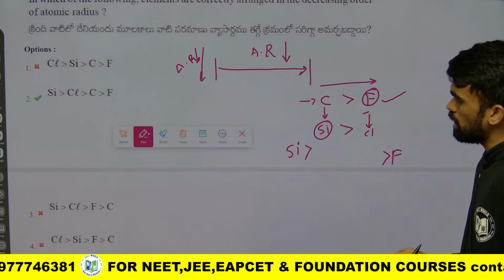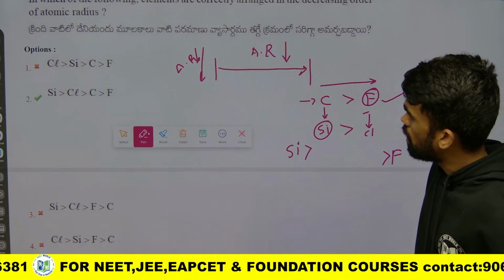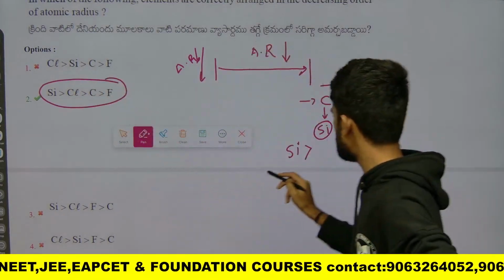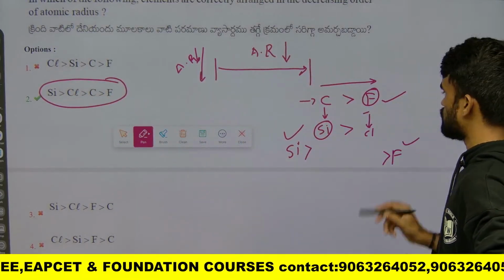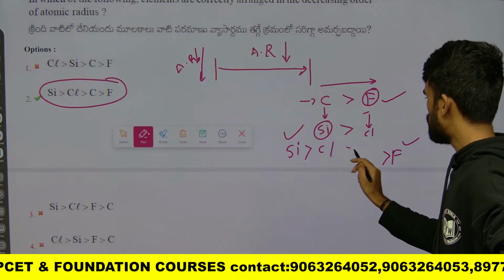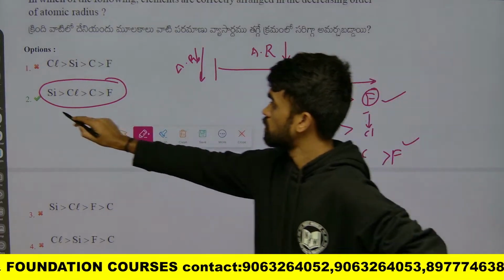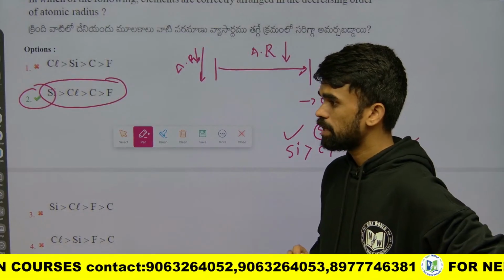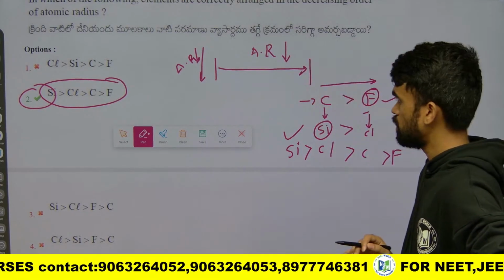Do we have any option like this? Yes, we have only one: silicon with maximum size, fluorine with minimum size, followed by chlorine and carbon. So option 2 is the perfect answer. Okay, right. Let us move further.